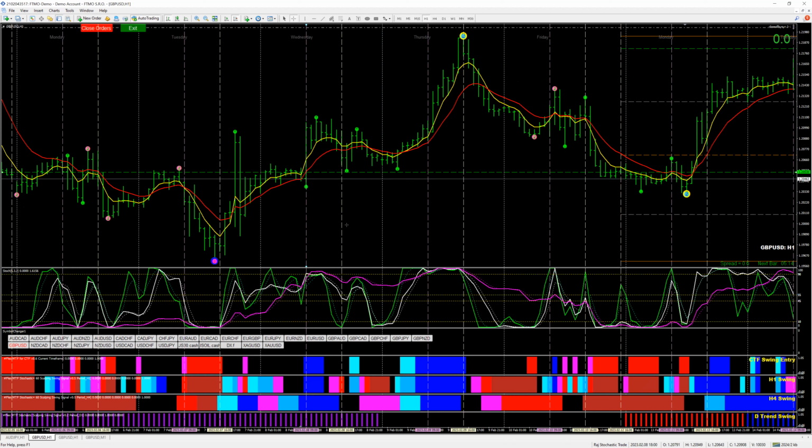And 4-hour goes out of sync here. And that's 15 pips. And that's on the 8th. So this was on the 7th. 52 on the 7th, 15 pips on the 8th.